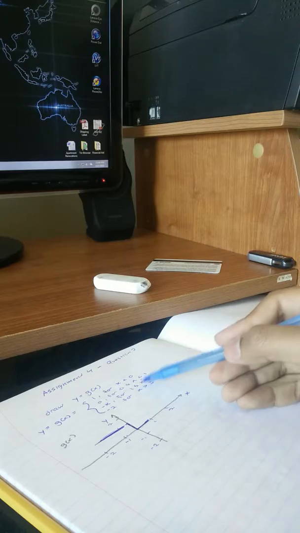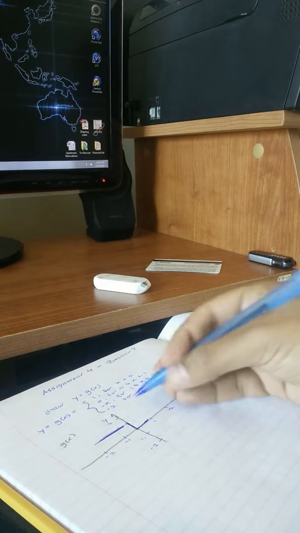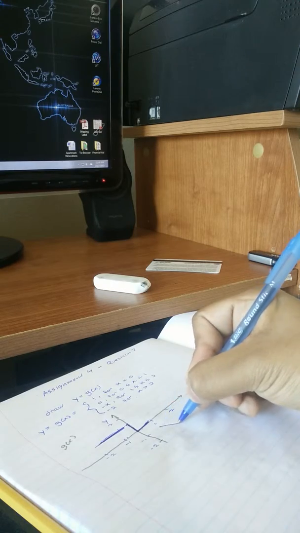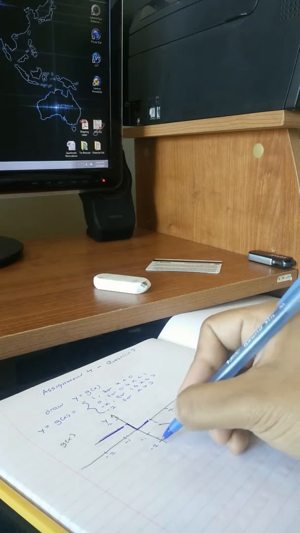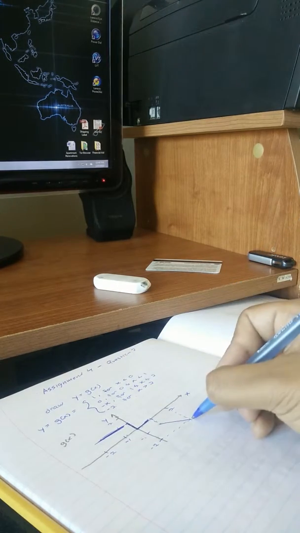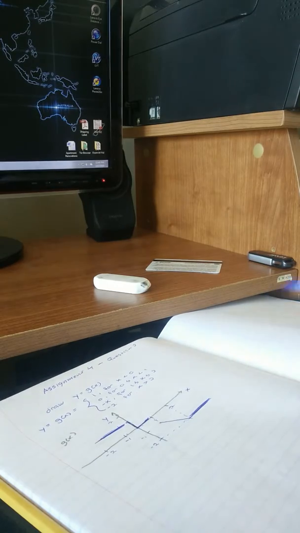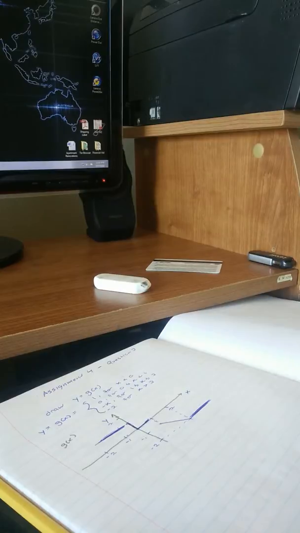For the interval 1 less than or equal to x less than or equal to 2, we emulate the graph of negative x. So we're only going to get negative x from this span right here. And then afterwards it just sustains at negative 2. That is the graph of g of x.